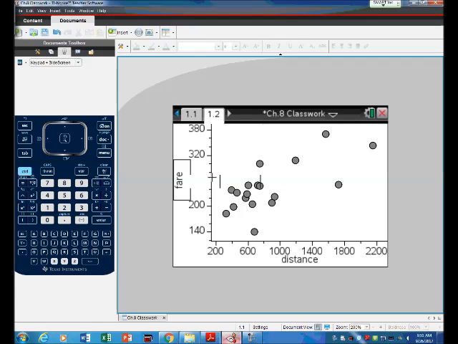Finally, for form, I would say it looks linear, or linear enough that we feel comfortable doing all of these things. If it's not linear, if it's a clear curve, or if there's a significant bend in the relationship in the scatter plot, we would not do everything we're about to do.